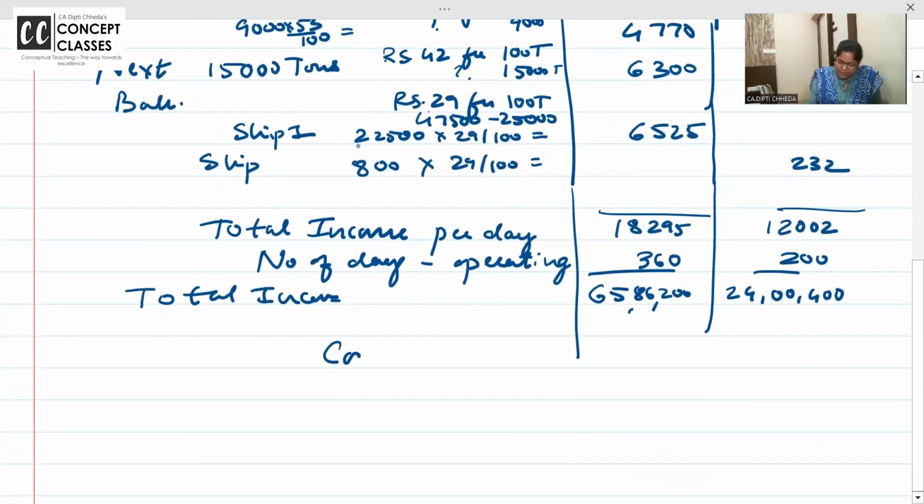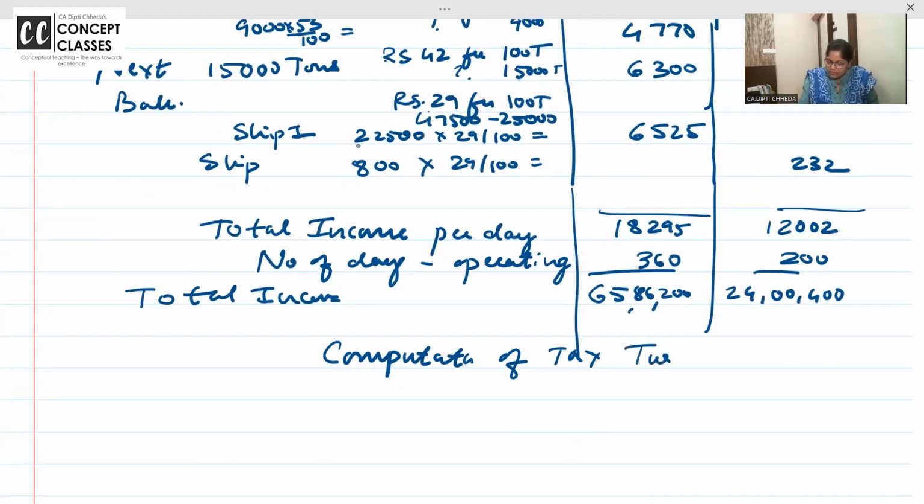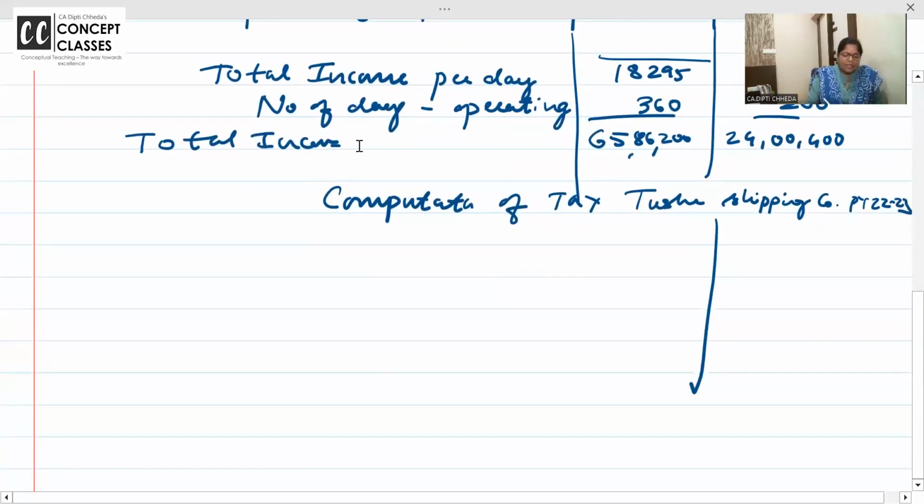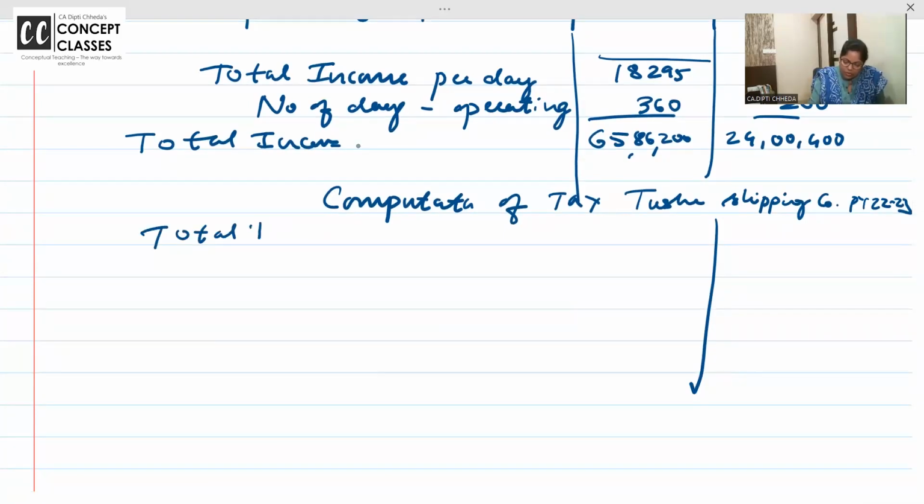Chalo, now the next part of this 4-mark question is computation of tax for Tushar Shipping Company, previous year 2020. Let us compute the tax. Total income. What is Ship 1's income for the year?